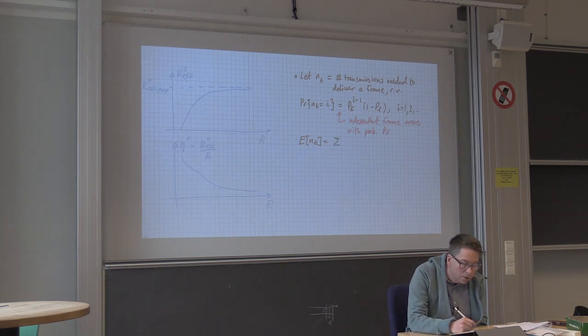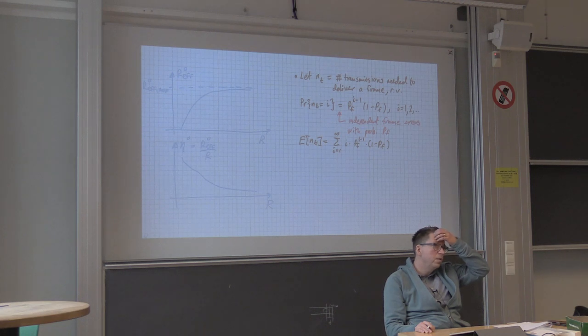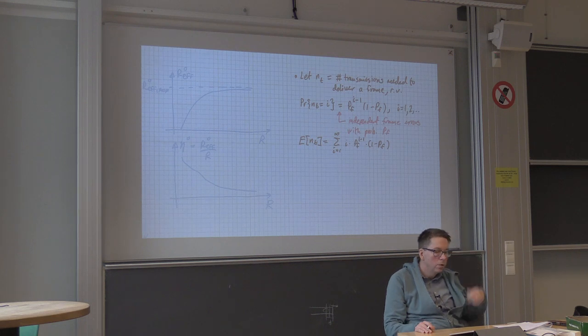It's the sum from i equals 1, which is the smallest value nt can take on, until infinity, of i times the probability that nt takes on the value i, which is pf raised to the power i minus 1 times 1 minus pf. This is the expected value of nt, the average number of transmissions required to deliver a frame.